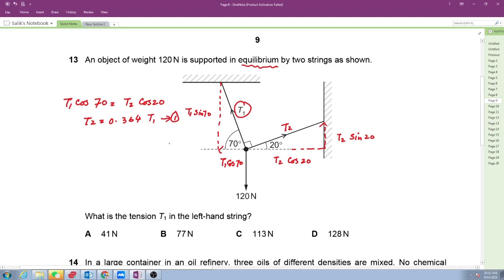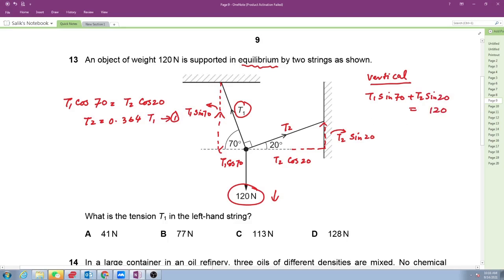Now the vertical forces: there are three. One is the weight, which is downward. The two forces are up. So the vertical forces are T1 sine 70 plus T2 sine 20 equal to the weight, 120.